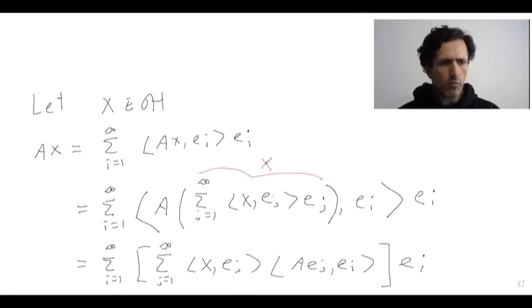Okay, right, so kind of going back to linear algebra, we often call this x_j, and this here is a_ij. So in some sense, we have written out A as a matrix with respect to this orthonormal basis e_i.